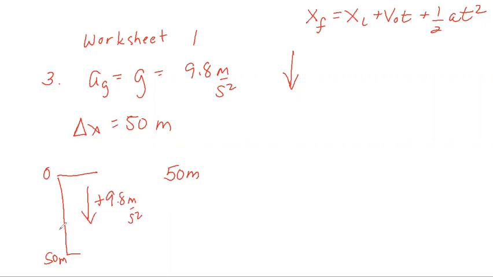I could call this negative and that negative, and we would get the same value. And this is going to be equal to 0. We're calling this 0. Plus he jumps off, we'll call it, he steps off. So he's got a 0 initial velocity plus 1/2 times 9.8 meters per second. Oh, wait.